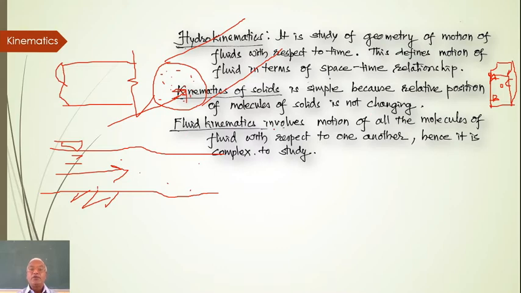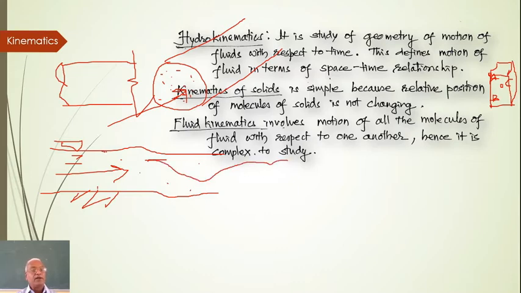But in case of fluid kinematics, which involves motion of all the molecules of fluid with respect to one another, hence it is a complex theory to study, right? As I have told you, maybe a pipe flow, maybe a river flow, there are many things. A particle which is here will not be going in one plane, it may be going down and then moving up, like that.